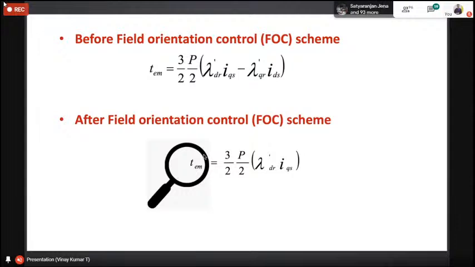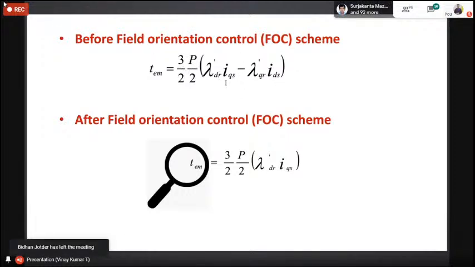So in the case of FOC, step one is to first apply the Clarke transformation. Clarke is nothing but a three-phase to two-phase transformation. By using this transformation technique, the same torque expression we can convert from seventh order to fourth order.